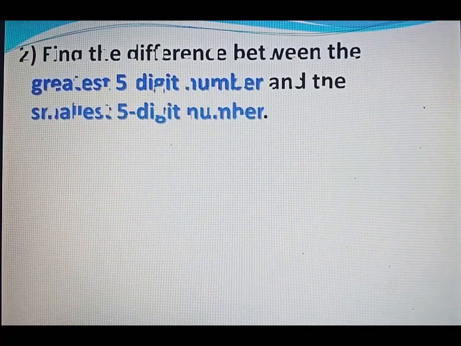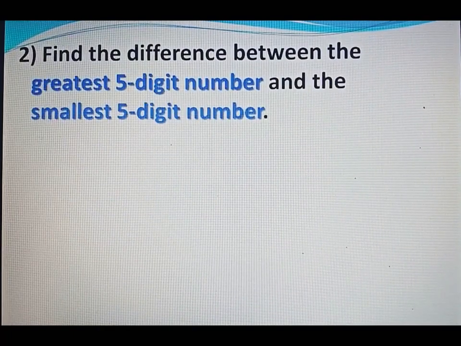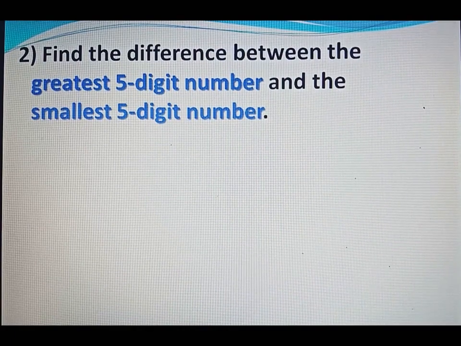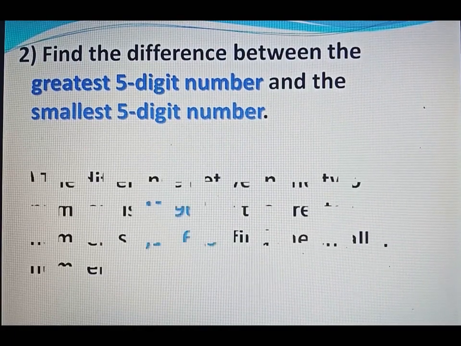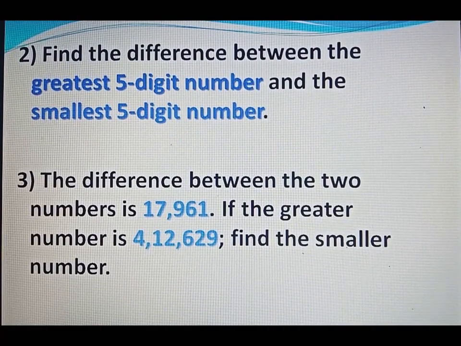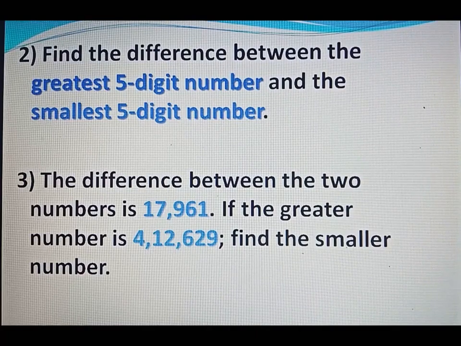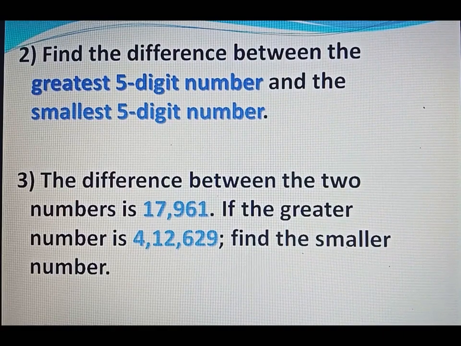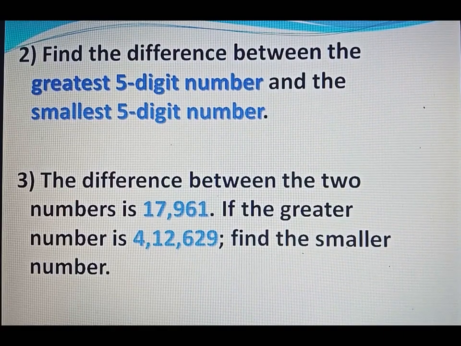Question number 2. Find the difference between the greatest 5-digit number and the smallest 5-digit number. Question number 3. The difference between the two numbers is 17,961 if the greater number is 4,12,629.